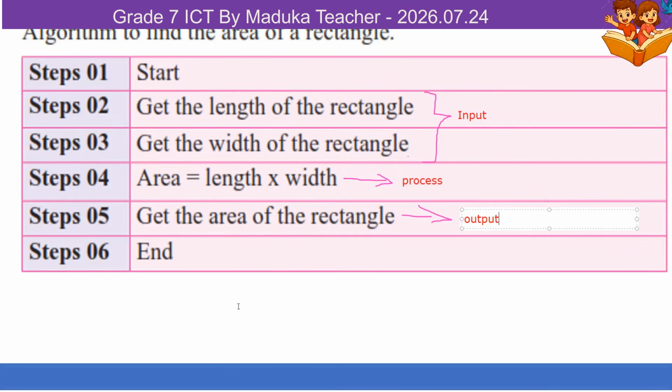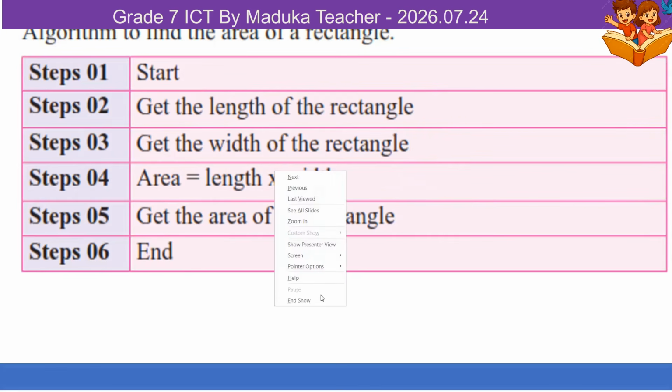Second question as your homework: write down an algorithm to prepare fruit juice.